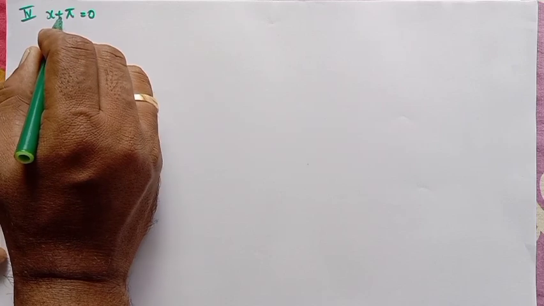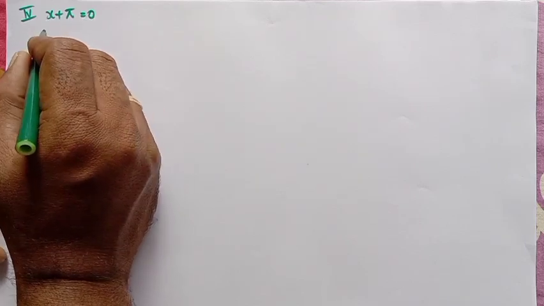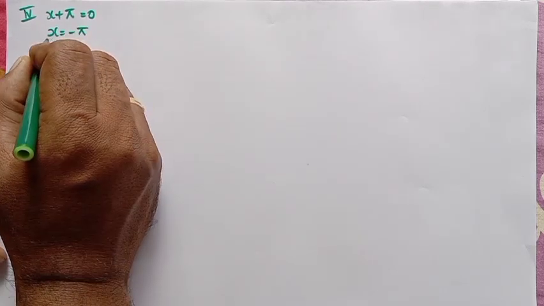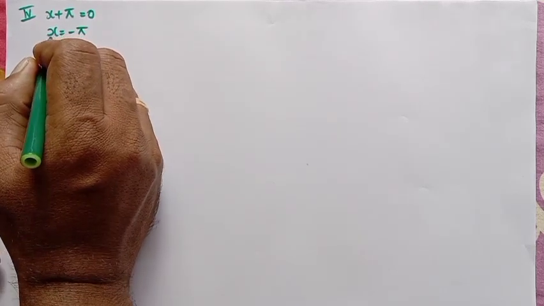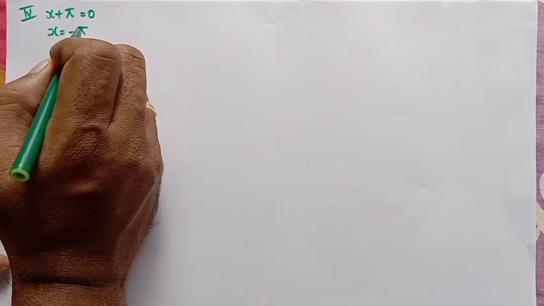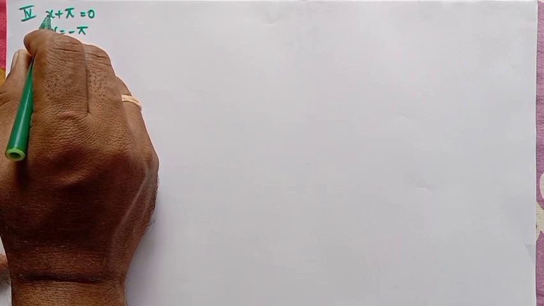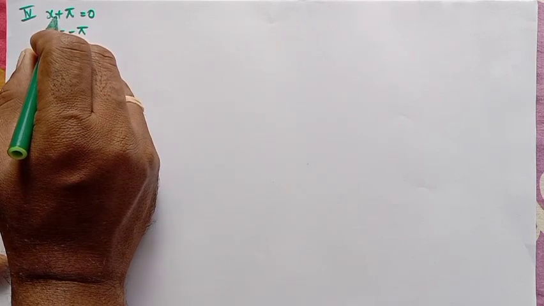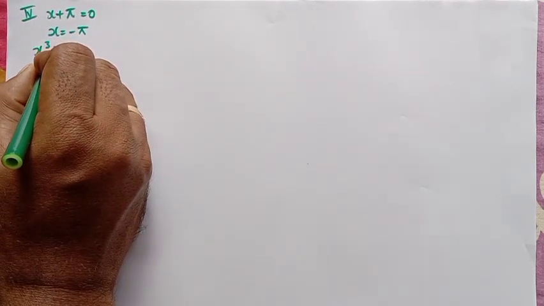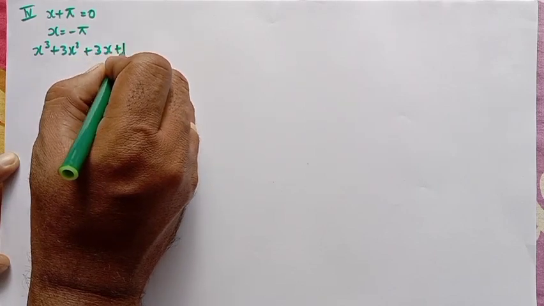The zero of this polynomial can be found by equating the expression to 0. So x is equal to minus pi. Let us substitute now the value of x, that is the zero of this polynomial, in the given expression x cube plus 3x square plus 3x plus 1.